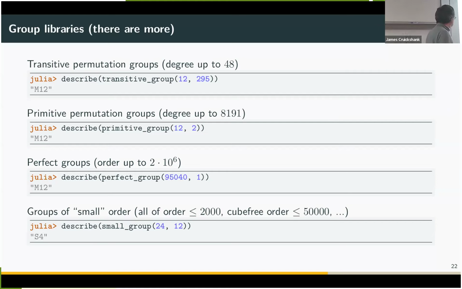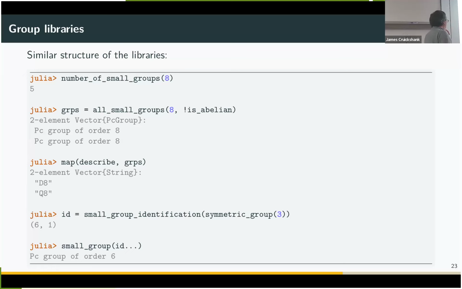Okay, libraries. And all these libraries have a similar structure: how to access them, what kind of things one can expect from them. So there is usually a function which gives us, for a given degree or for a given order, the number of groups which are in this library.